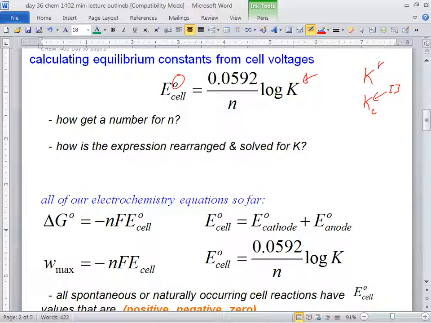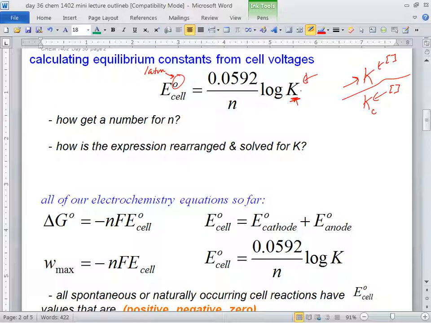But this one, same thing, everything in terms of concentrations except for gases. They had to be in atms. So they called it the thermodynamic equilibrium constant. And that's the one this one is. But it's neither really here nor there. It's kind of nice because in all these standard cells, gases have to be at 1 atmosphere. Anyway, this is how we're going to get K.